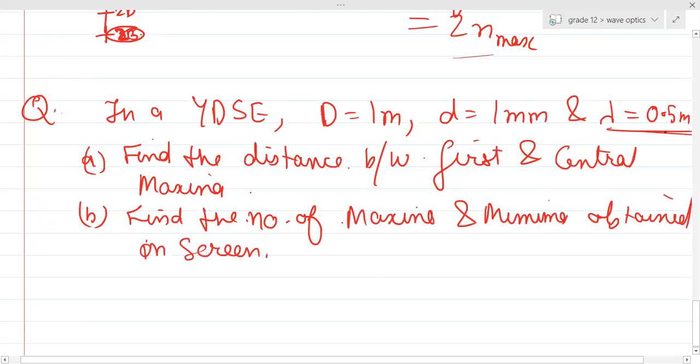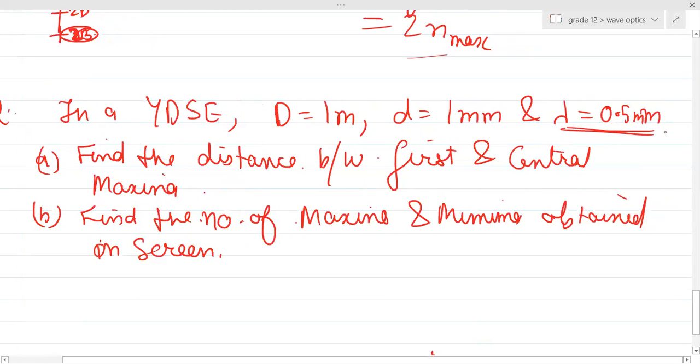Can you see this lambda is very big? In all the experiments we did so far, the lambda was small. Yes or no? Hey guys, one second. Oh sorry, my bad. This is equal to 0.5 mm, okay? But still it is very big.